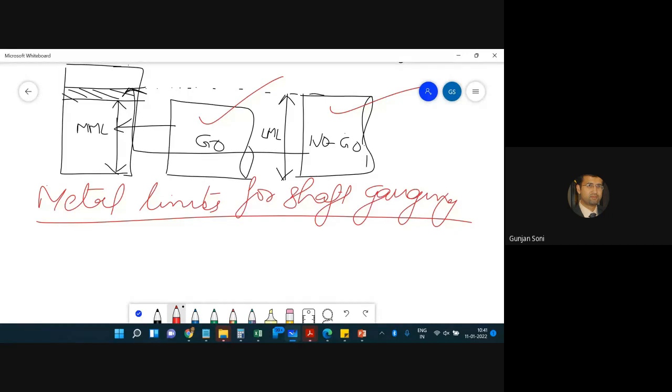Okay. On one side you made go gauge, and on another side you made no go gauge. See, it should be like a ring around. This is how a ring should be made, no? In a way, this ring would be somewhat like this, and it's going to pass over the shaft.